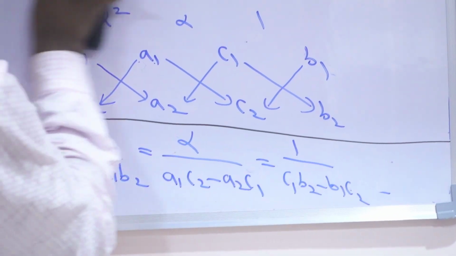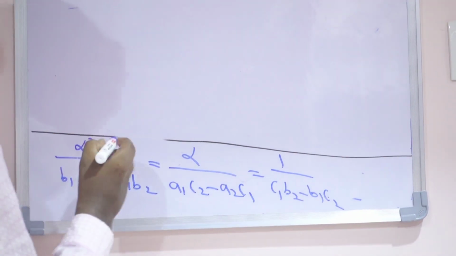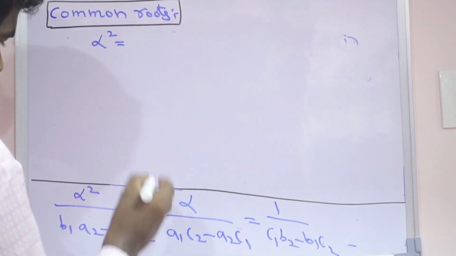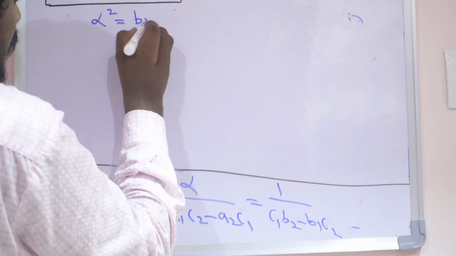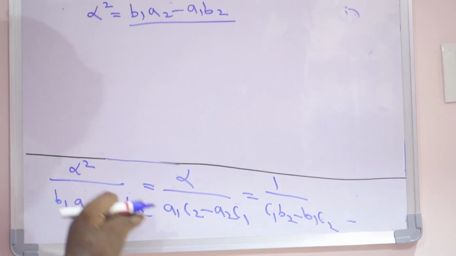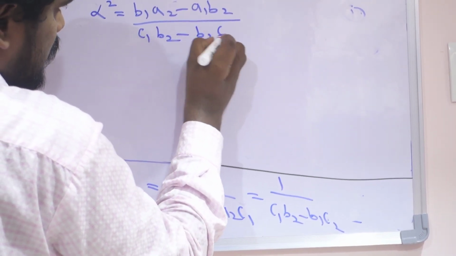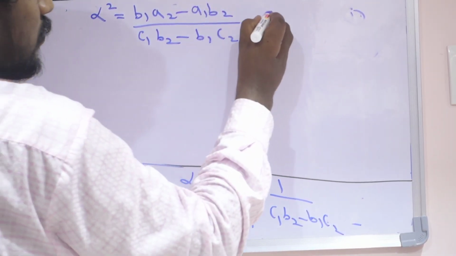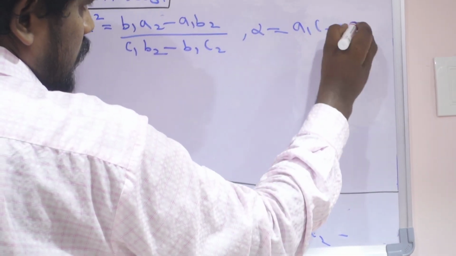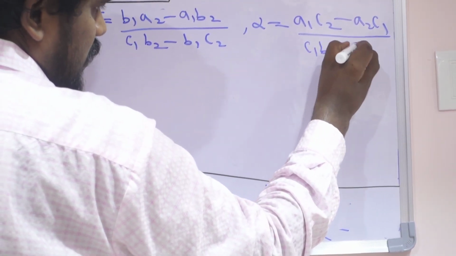Now this is one condition. So alpha square value, how much? Alpha square is equal to B1 A2 minus A1 B2 by C1 B2 minus B1 C2. And alpha is how much? Alpha is equal to A1 C2 minus A2 C1 by C1 B2 minus B1 C2.